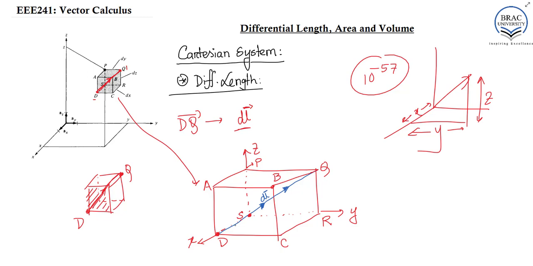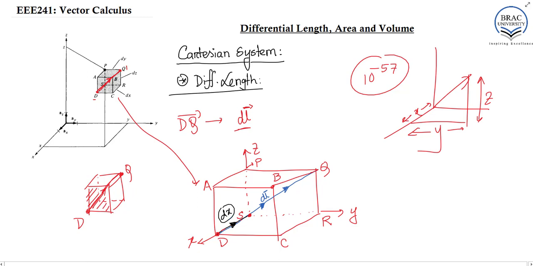So first, let's say you start your journey from here. First of all, you have to move along the x-axis all the way to the S point over here. So you start your journey at D, you move along the x-axis to the S point, a distance equal to dx, let's say.